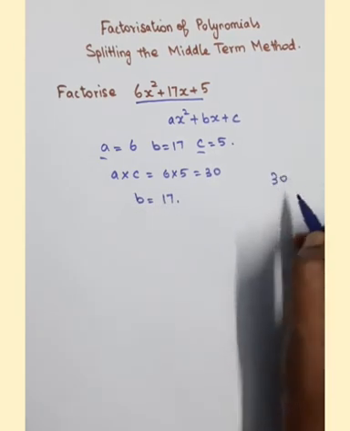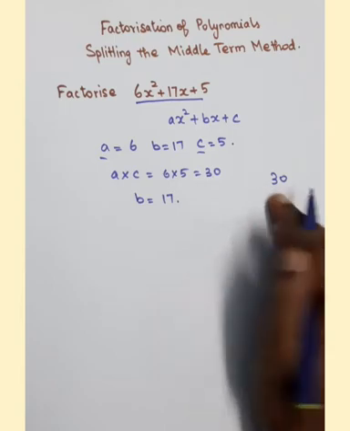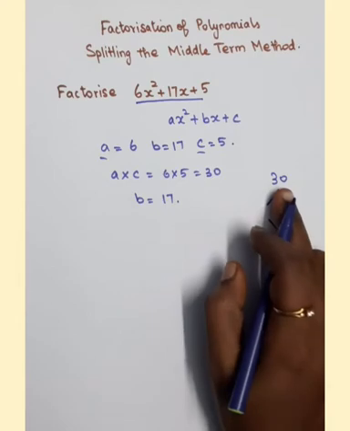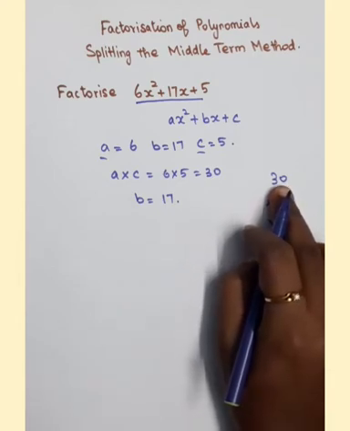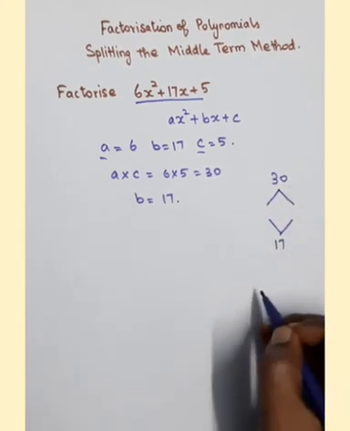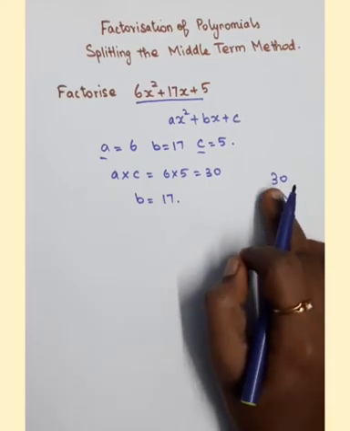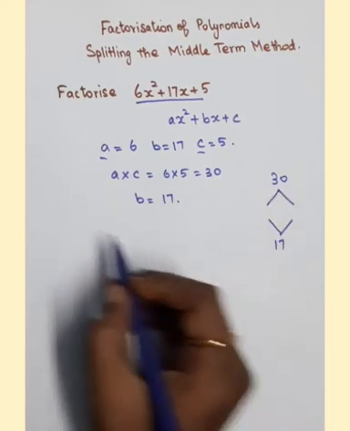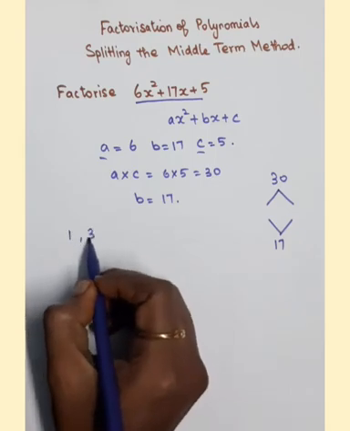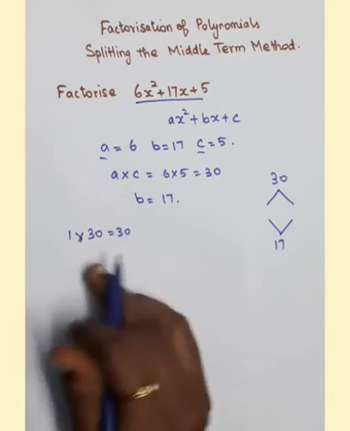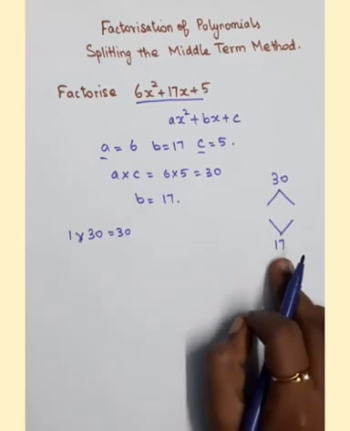Now, we have to find the factors of 30. The two numbers, if you multiply them, the product should be 30 and their sum should be 17. So, let me take the factors as 1 into 30. If you multiply this, you will get 30, but if you add, you will not get 17.